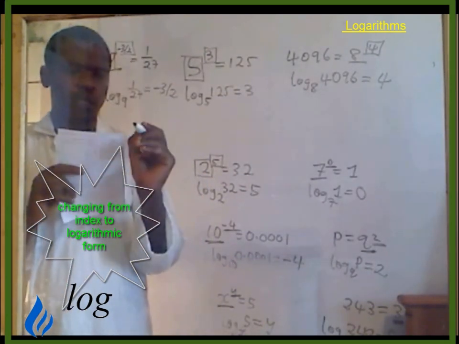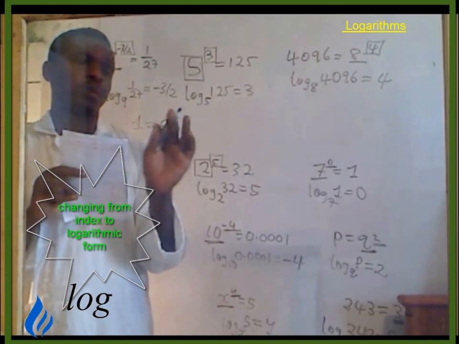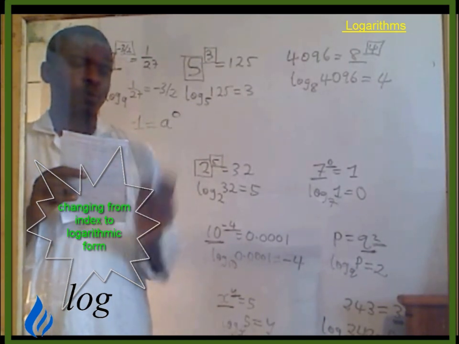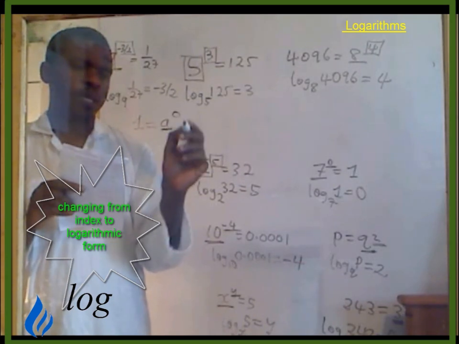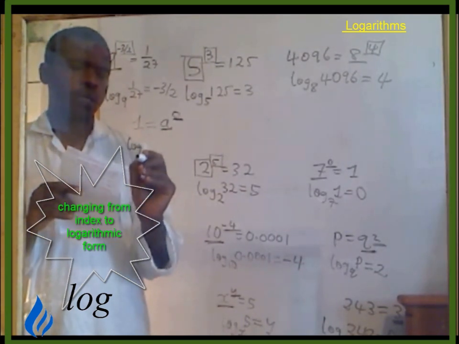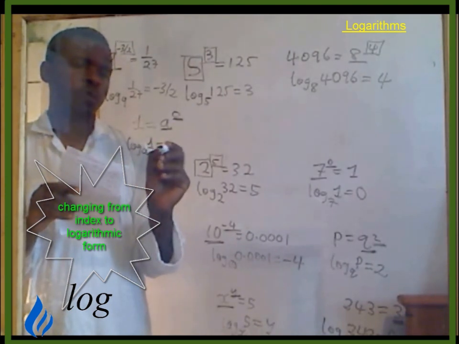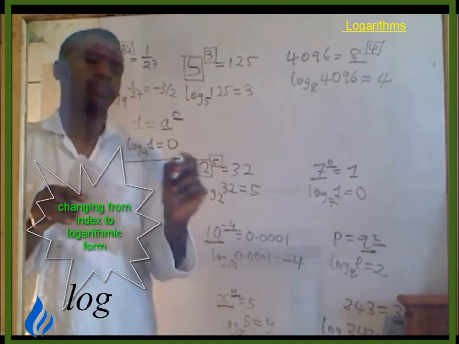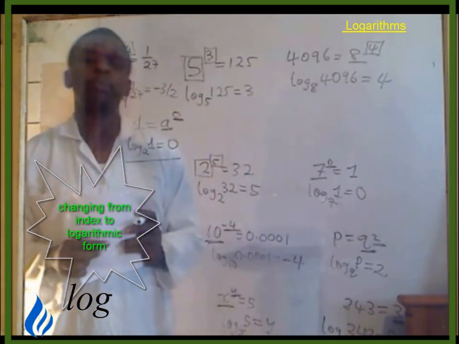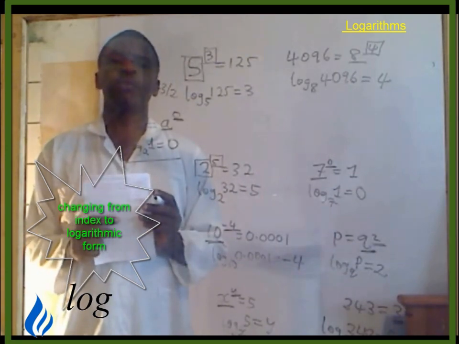Another one, 1 is equal to 8 raised to the power 0. This is my base and this is my logarithm. This will give us log base a of 1 is equal to 0. So we should be able to convert from index form to logarithmic form and vice versa.